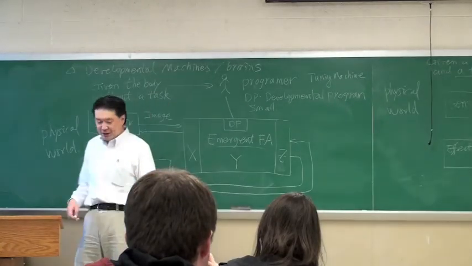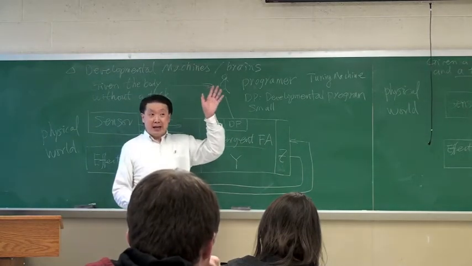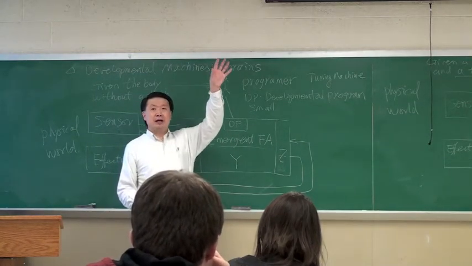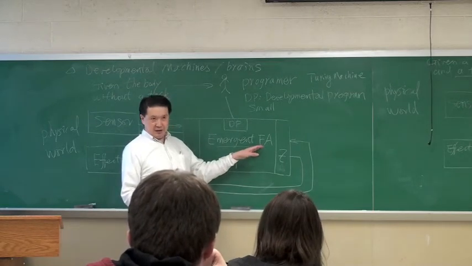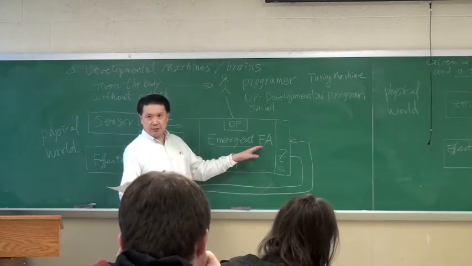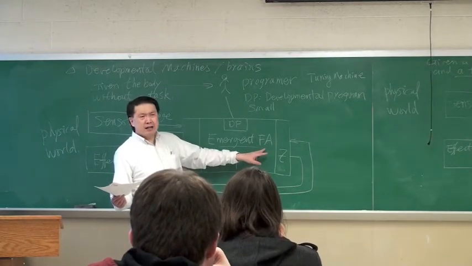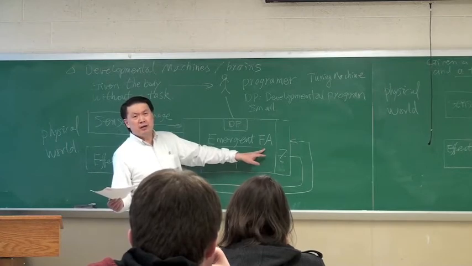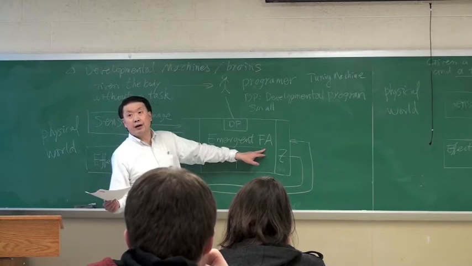FA is just a finite state machine. We have a PDA, we have LPA, we have Turing machine. And we think that the FA, even if you emerge, meaning you generate it automatically through experience, like living experience, for example. Does that correspond to the brain? If it is, what's the position of the Turing machine?